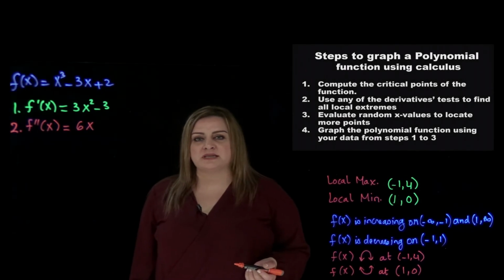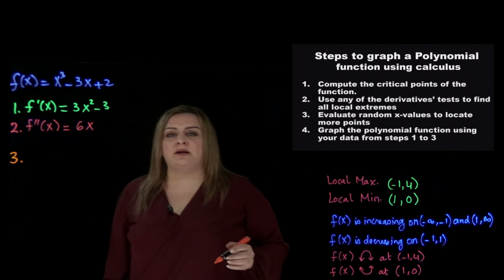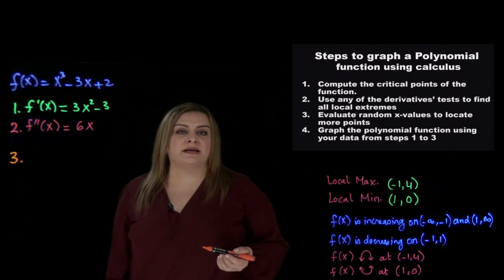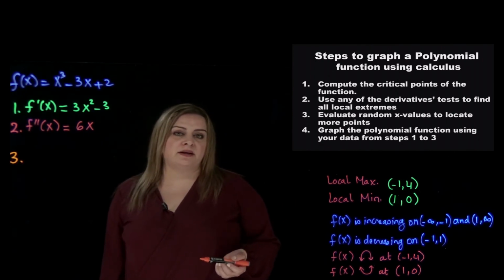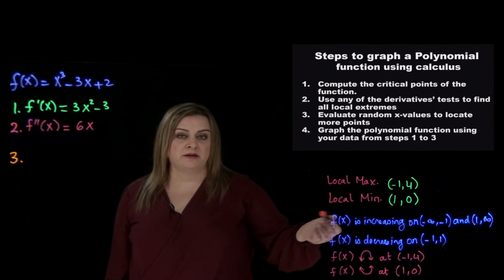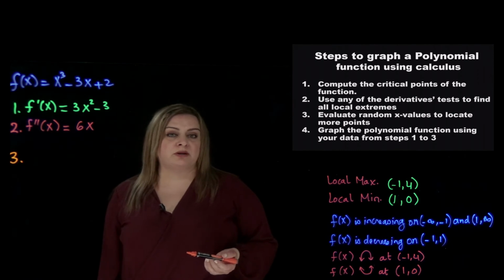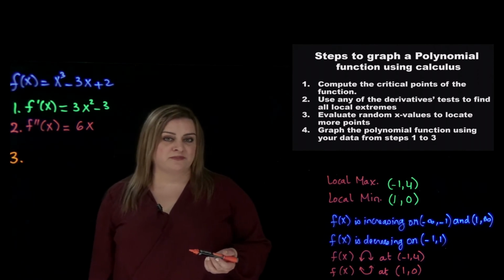We now arrive at step 3, and step 3 says to evaluate random x values to locate more points. We did find the two most important points on our graph, the local max and min, but we still have to evaluate a few more points to have a better sketch of our function.